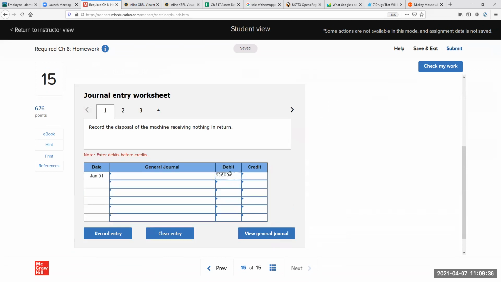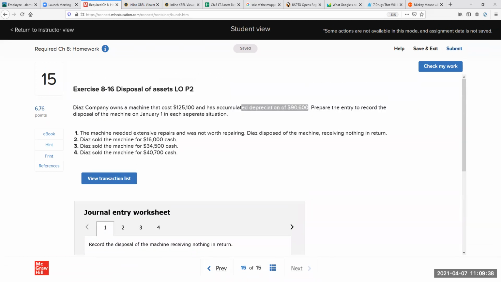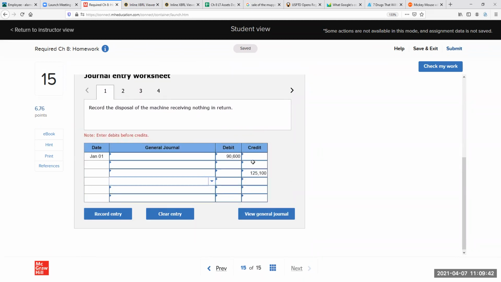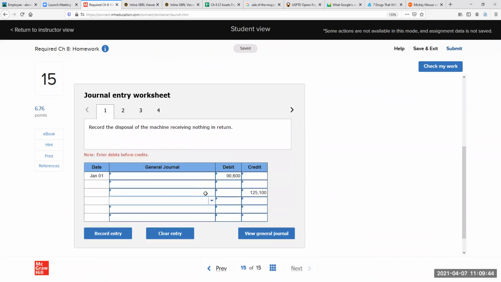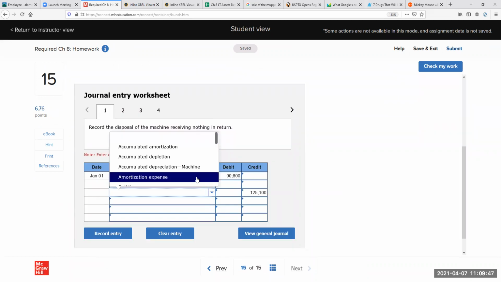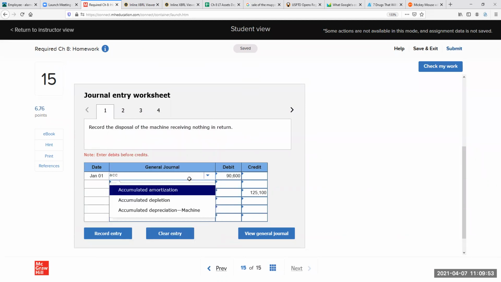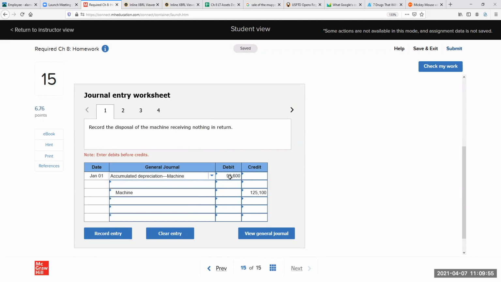You debit it. And how do you get rid of the machinery? You credit it. So this gets rid of the machine. And this is the accumulated depreciation account for the machine. So by debiting it, you close it. By crediting it, you close that.